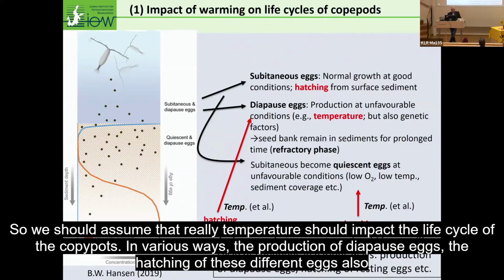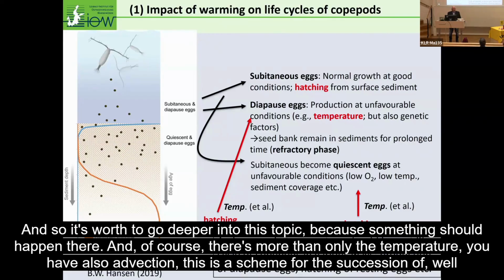So we should assume that really temperature should impact the life cycle of the copepods in various ways, the production of diapause eggs, the hatching of these different eggs also. And so it's worth to go deeper into this topic because something should happen there.